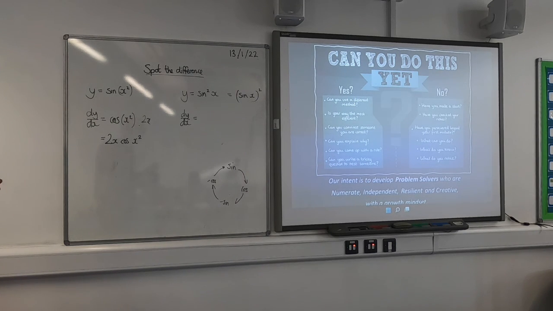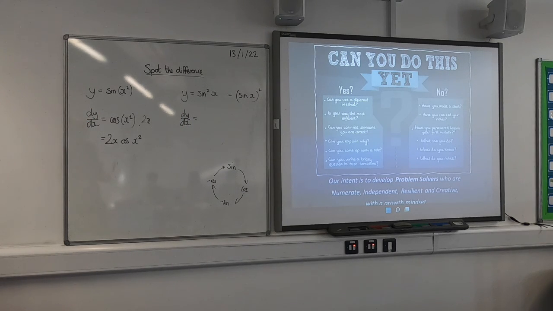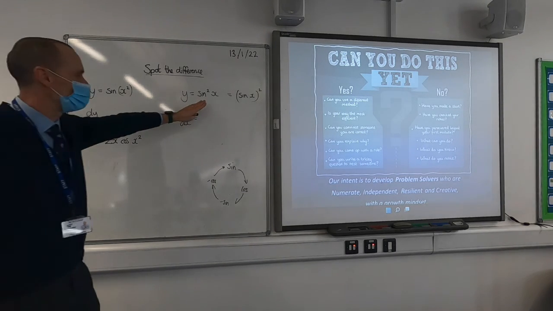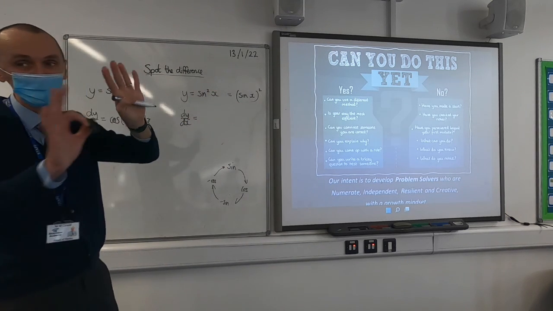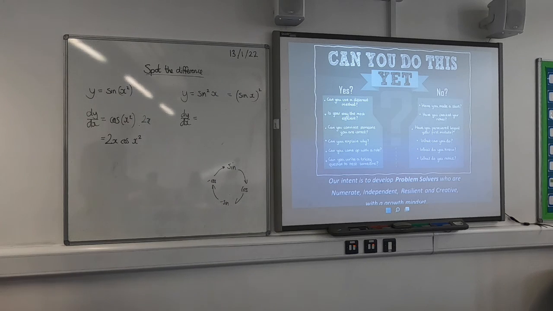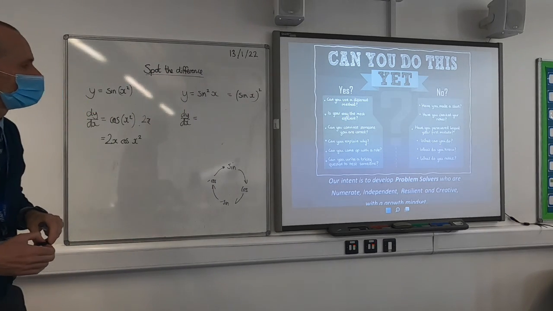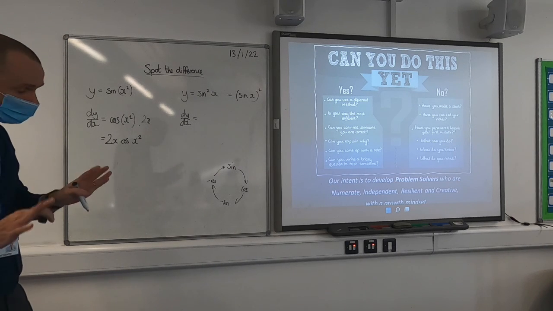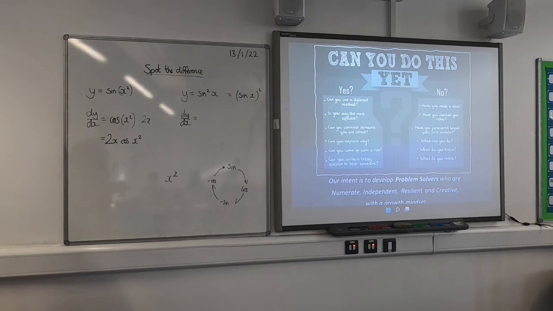How do I differentiate the sine of x, all squared? Well, remember, this is how it will be presented to us, but this is what it actually means. This notation, and I have no idea about the origin of it, is a short way of writing that. So I differentiate that as I do something like that.